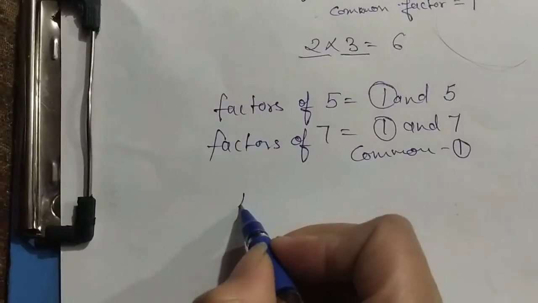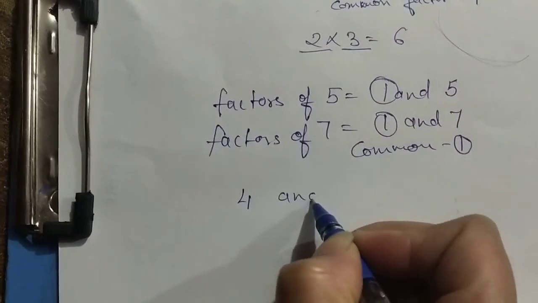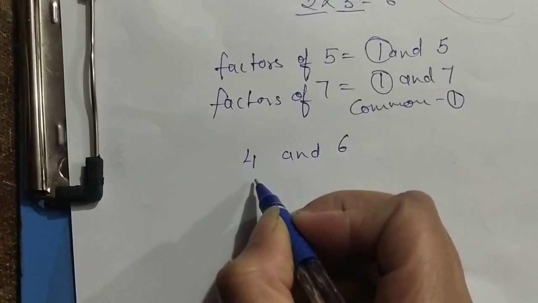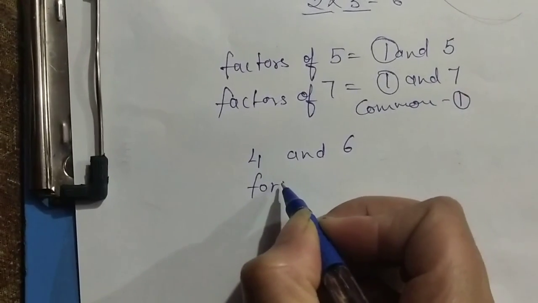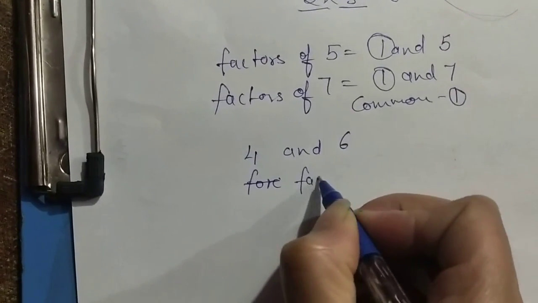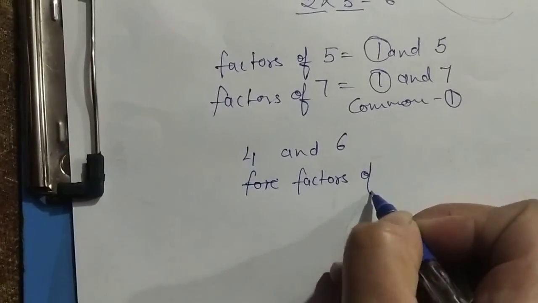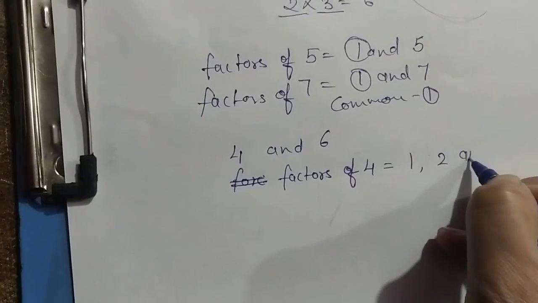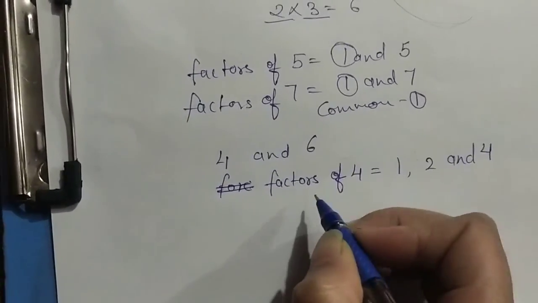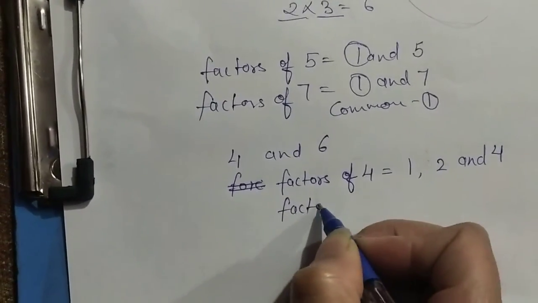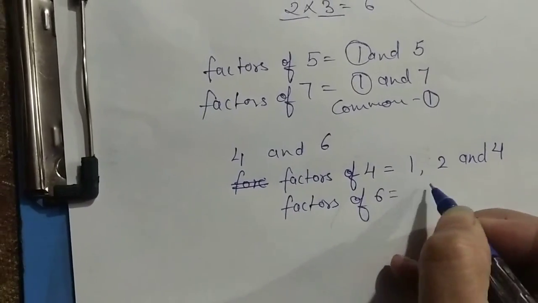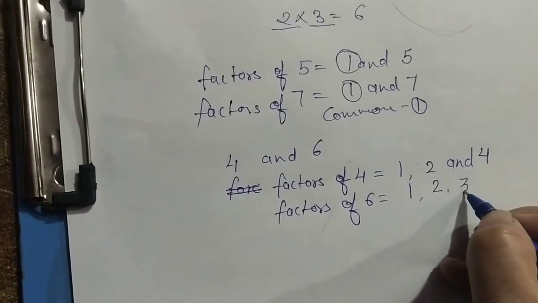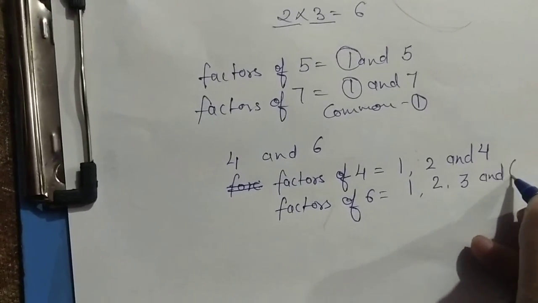Now see another example. We will check for 4 and 6. We are going to list all the factors of 4: 1, 2 and 4. Now all the factors of 6 equal 1, 2, 3 and 6.